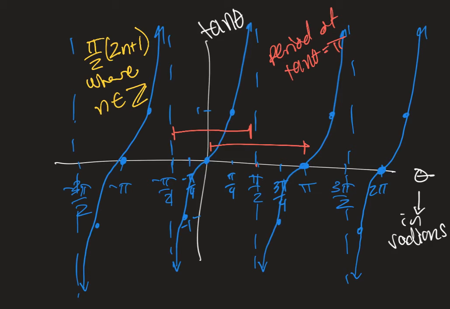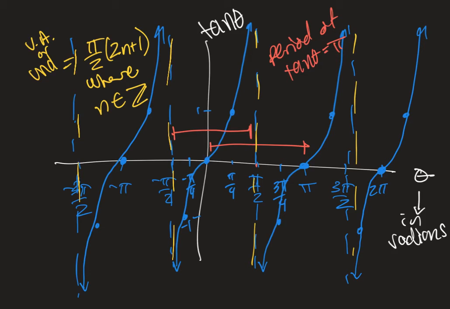So there's going to be a vertical asymptote at every odd multiple of pi over 2: 3 pi over 2, 5 pi over 2, etc. So it's going to be undefined at all of those places, at all of these vertical asymptotes.